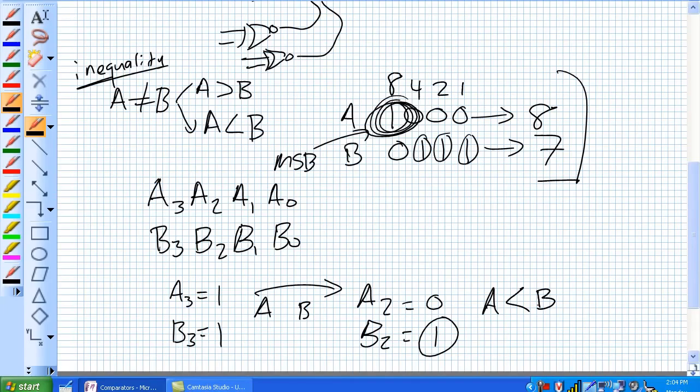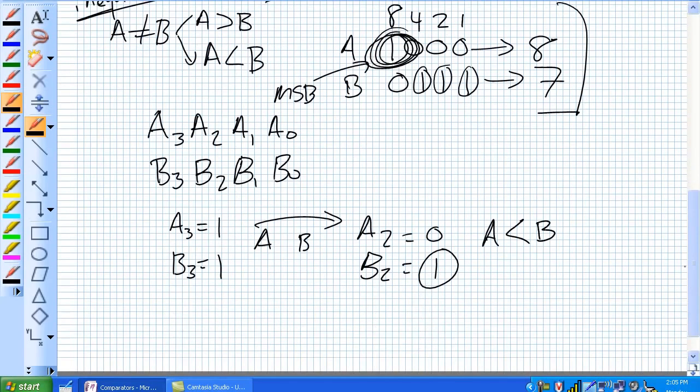All you do is keep walking down to the least significant bit. The key is that the higher order inequality takes precedence.